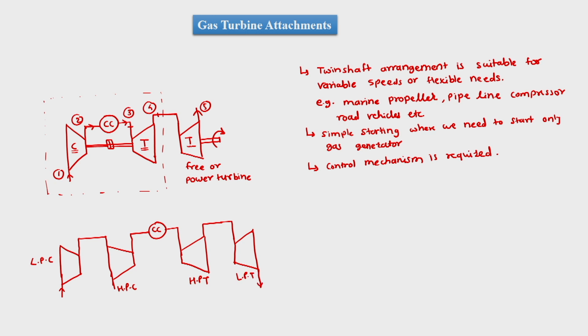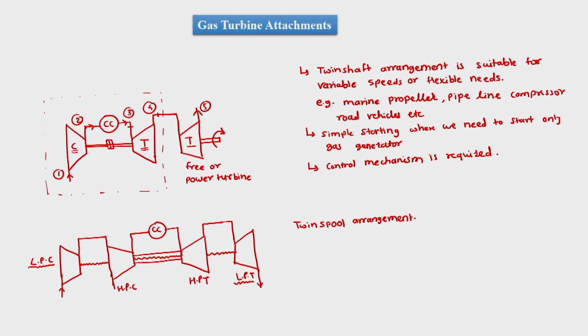The basic thing which will happen over here is that the low pressure compressor is connected to the low pressure turbine by a separate shaft, and the high pressure compressor is connected to the high pressure turbine by a separate shaft. So, such an arrangement is called a twin spool arrangement.